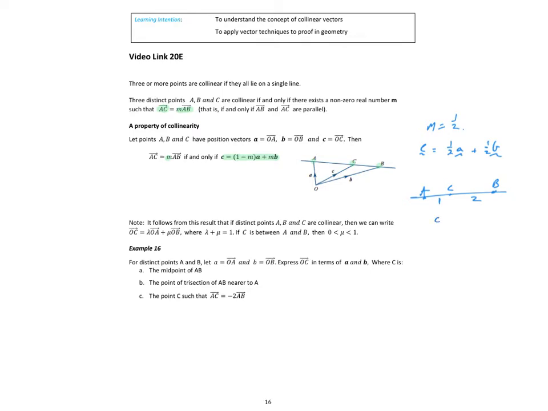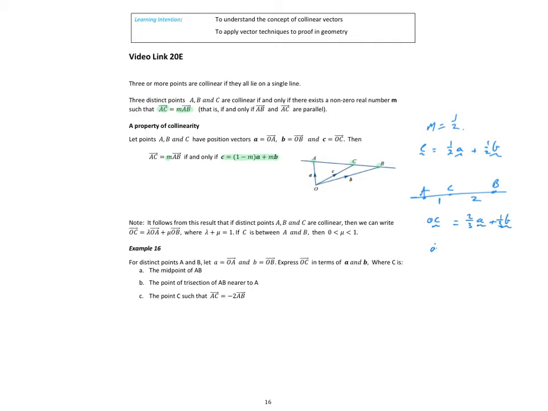Well then vector C now, so OC if you like, if we've got our O down here, is equal to, the factor is a third, 1 minus a third is 2/3 of A plus 1/3 of B.